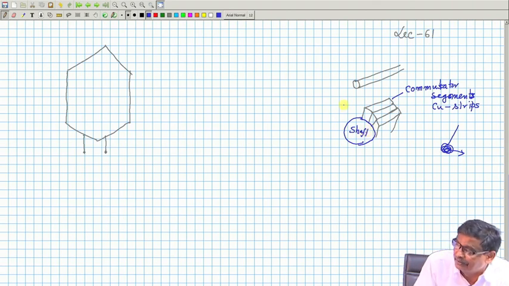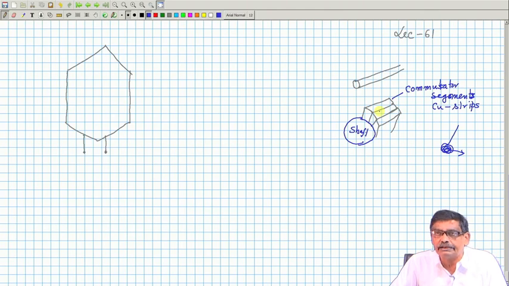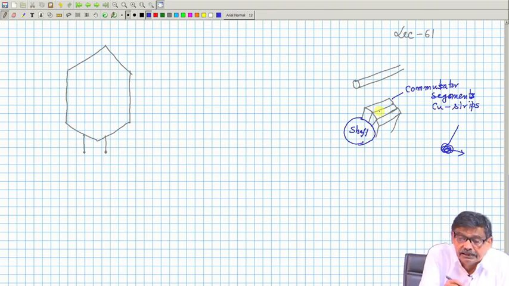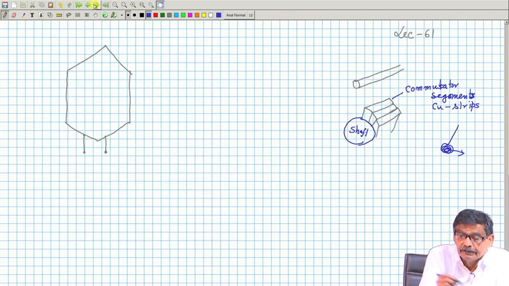Got the point? Adjacent commutator segments should be insulated from each other. They should have their own electrical identity. For example, in the previous diagram, these two are insulated by space. If they are touching, the very purpose will be lost.